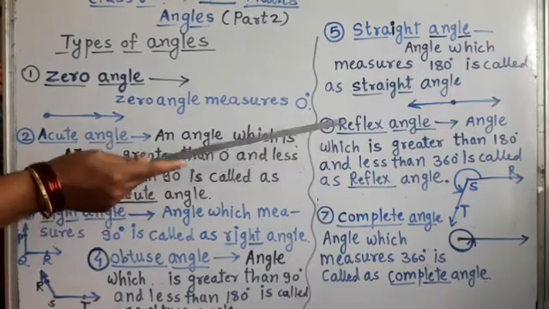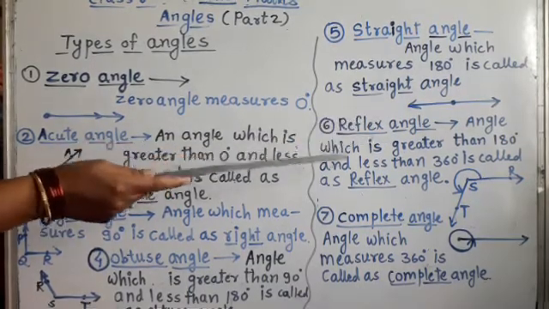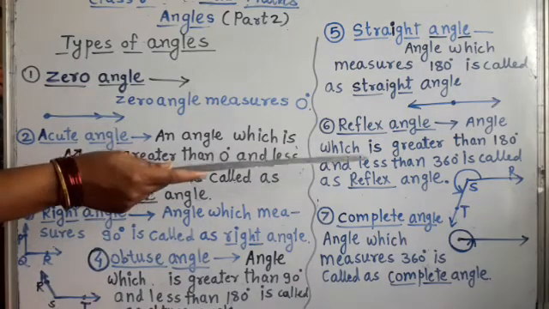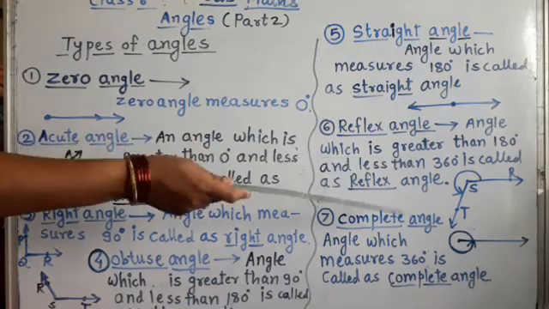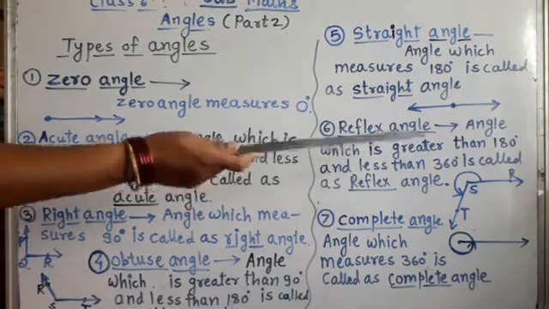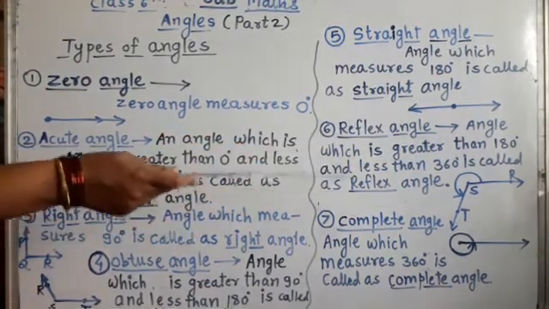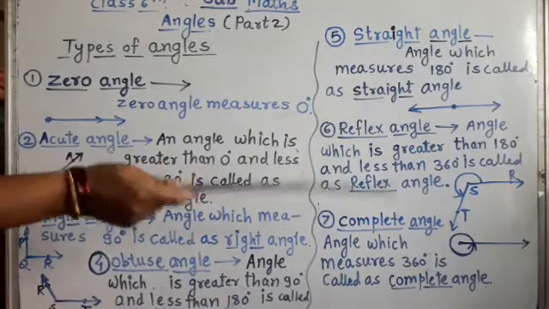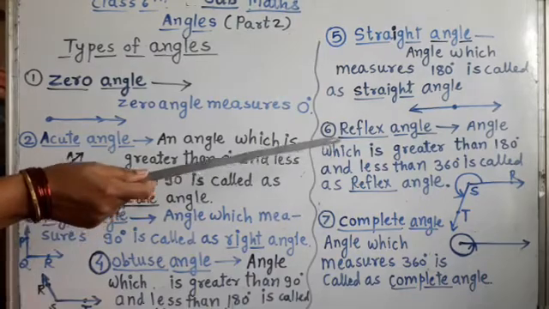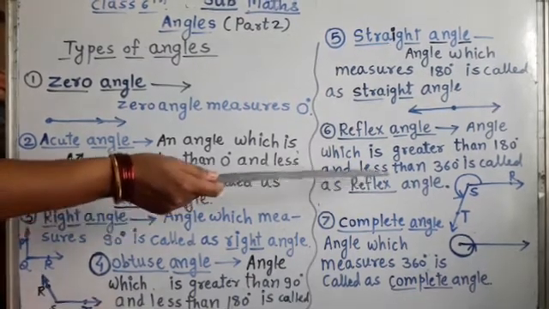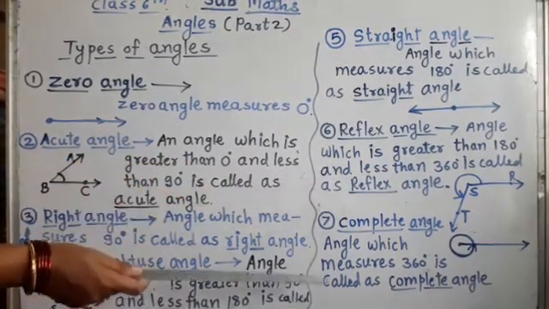An angle which is greater than 180 degree and less than 360 degree. See, turning of arm ST from SR to ST. So this angle is called a reflex angle.